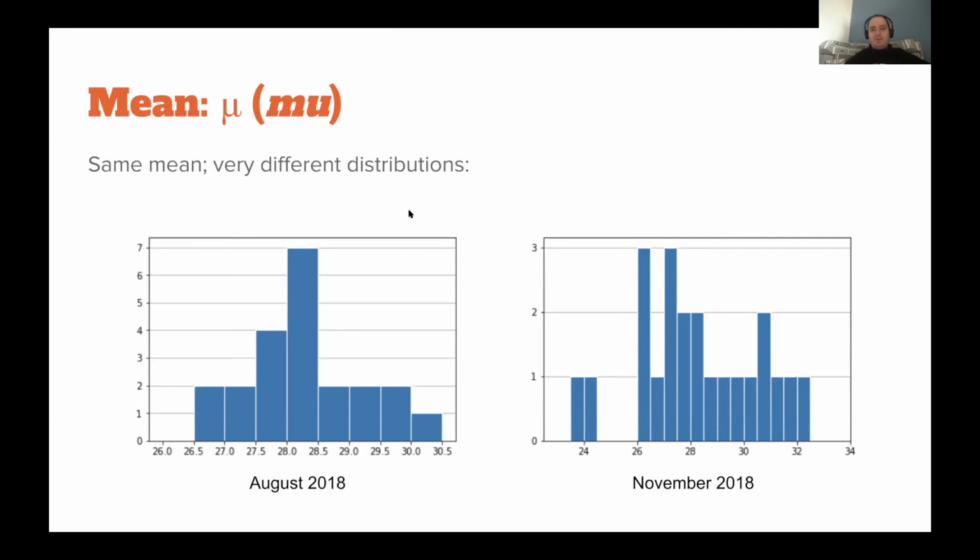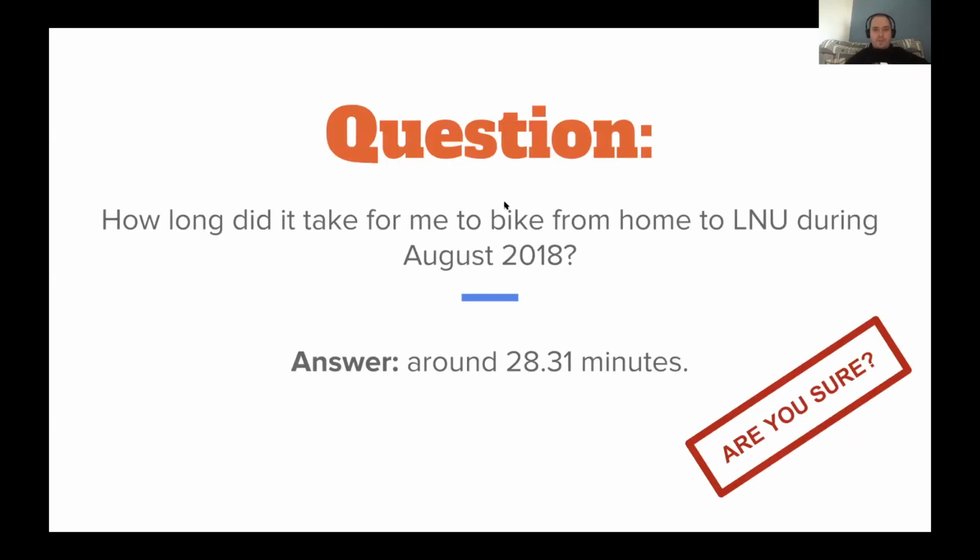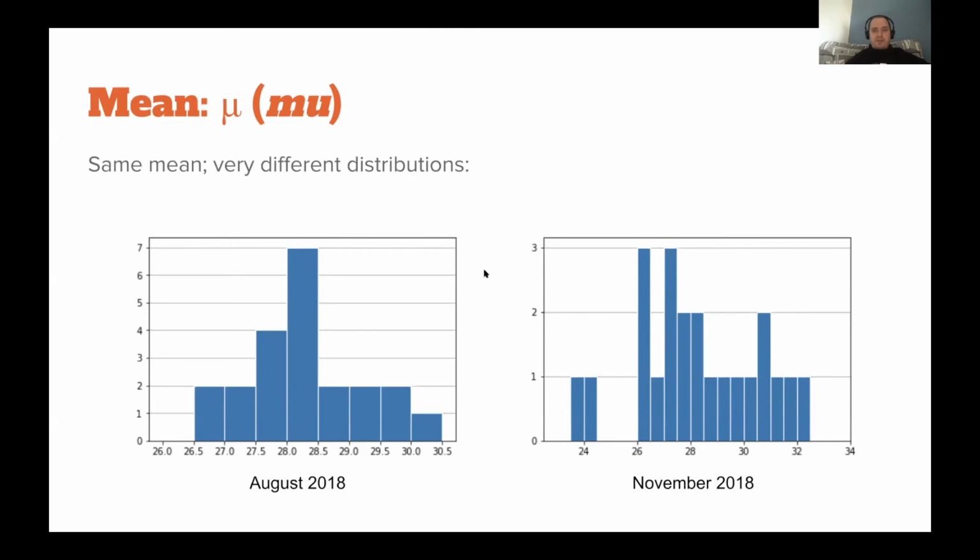I played with it a little bit so that it would have the same mean, but with different distributions. Although this is more or less based on real data. But what matters here is what I wanted to tell you: don't trust completely only the mean of your data, because again, very different distributions can have the same mean, or at least very similar means.